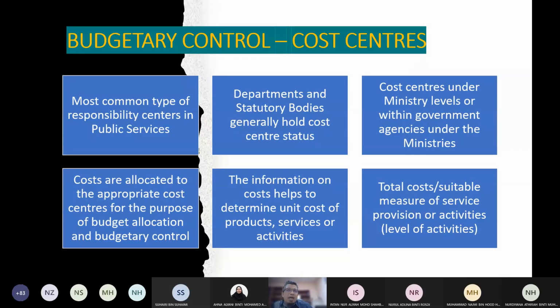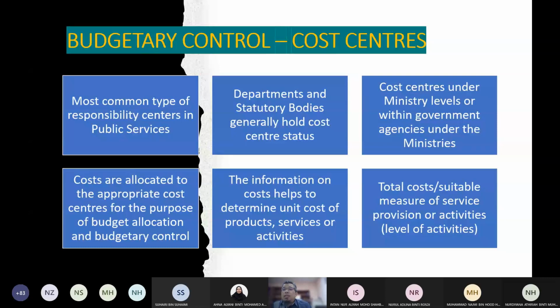But the government doesn't have that discretion to have more profit centers, because the revenue collection is very different, through taxation and others. That's why departments and bodies generally hold the cost center status.